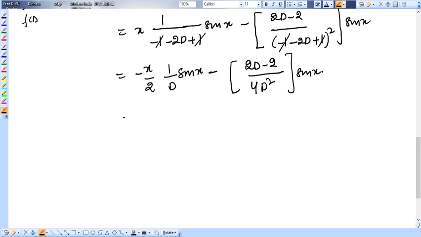Now minus x by 2, 1 by D stands for integration, so the integration of sin x is minus cos x.